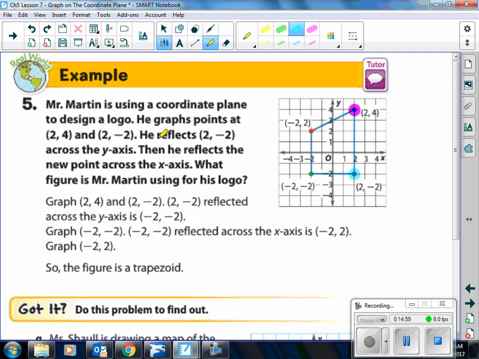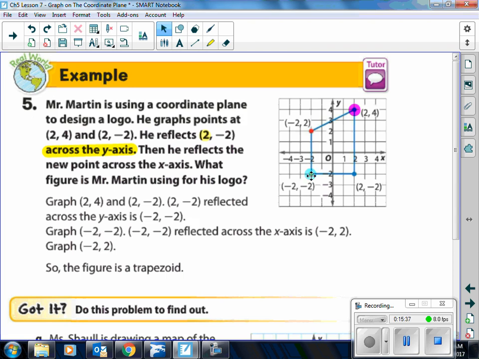He reflects 2 comma negative 2 across the y-axis. So if I'm reflecting across the y-axis, which value is going to change? The x value is going to change, right? If I'm reflecting over the y-axis, the x value changes. So that new point is going to be negative 2 comma negative 2. So there's my new point from there.